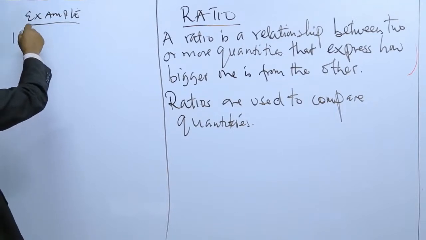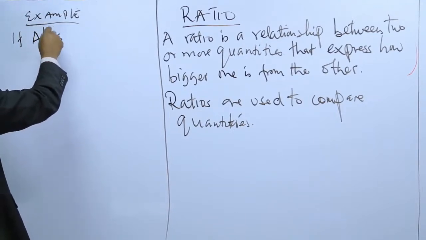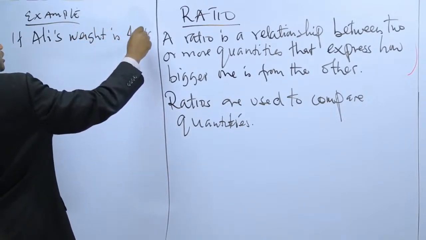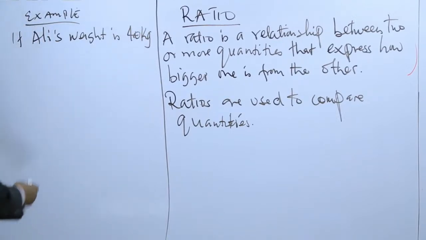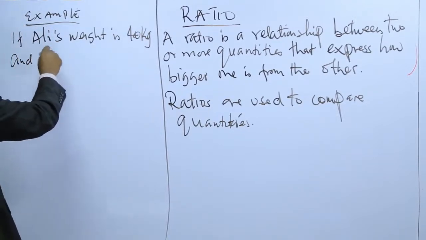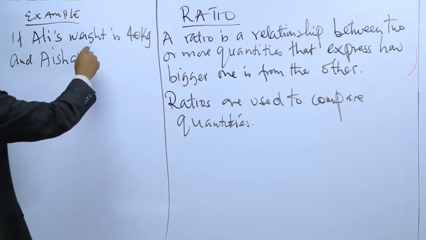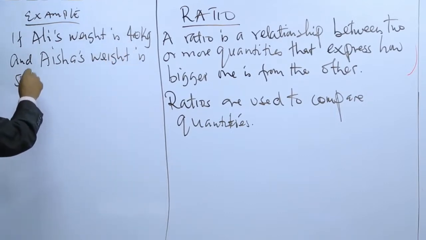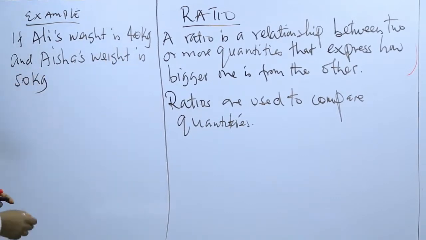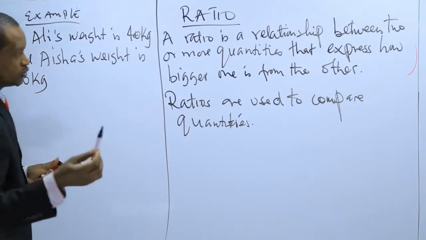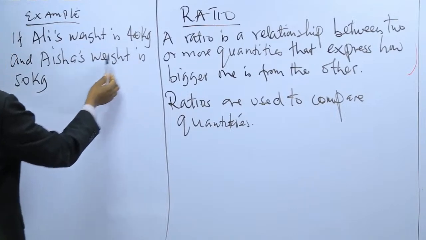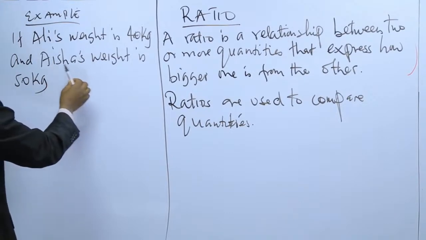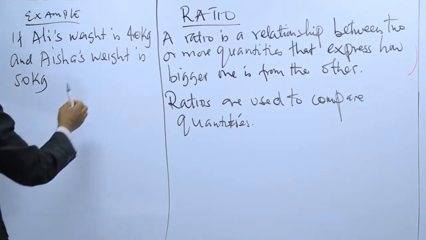If Ali's weight is 40 kilograms and Aisha's weight is 50 kilograms, these are two quantities, 40 kilograms and 50 kilograms.